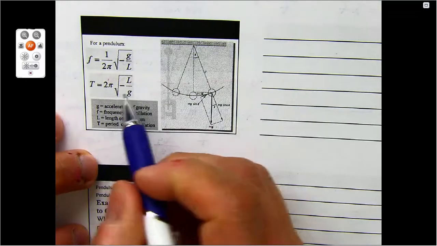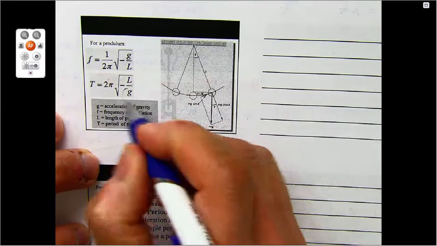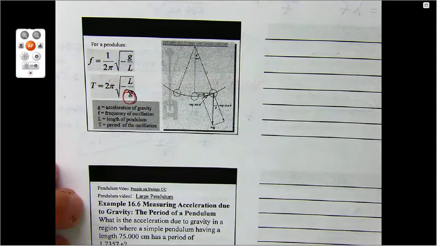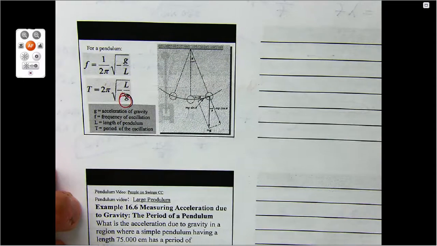Tomorrow for lab, we're going to do a pendulum, and we're going to calculate g out of it. And we'll look at that.